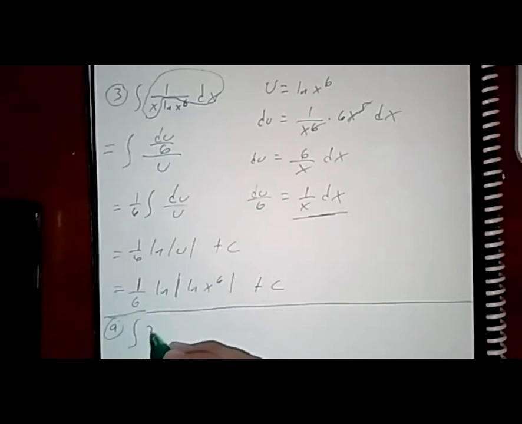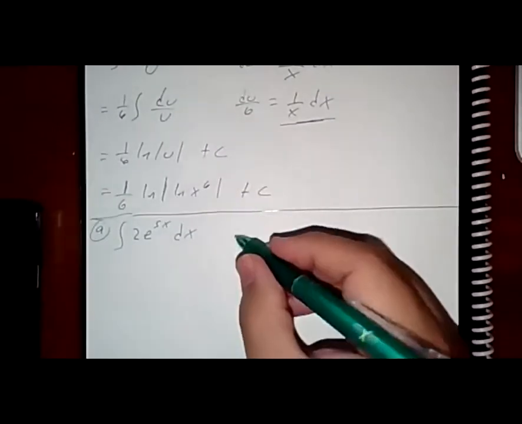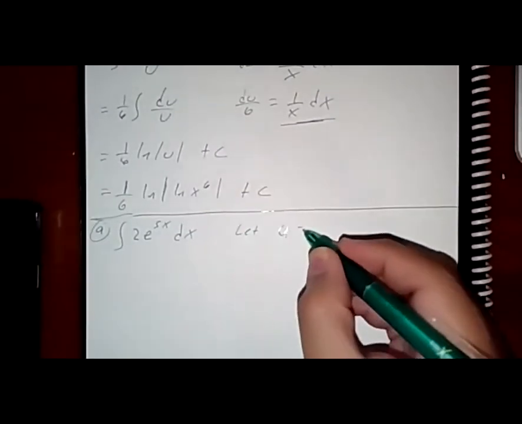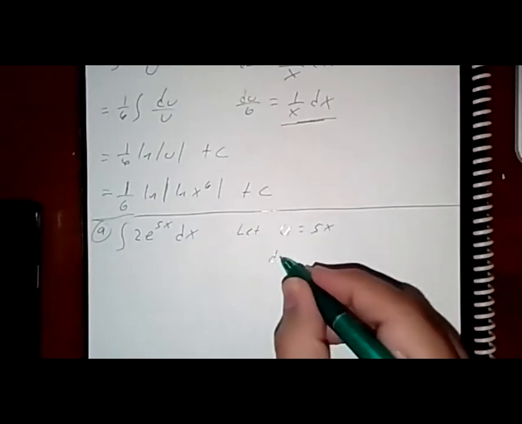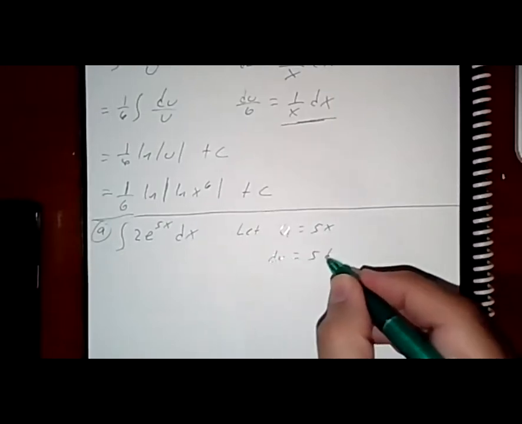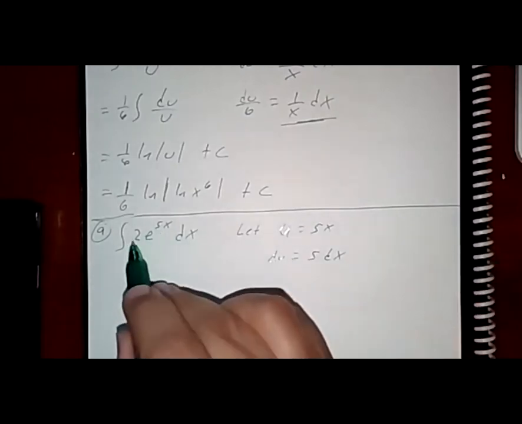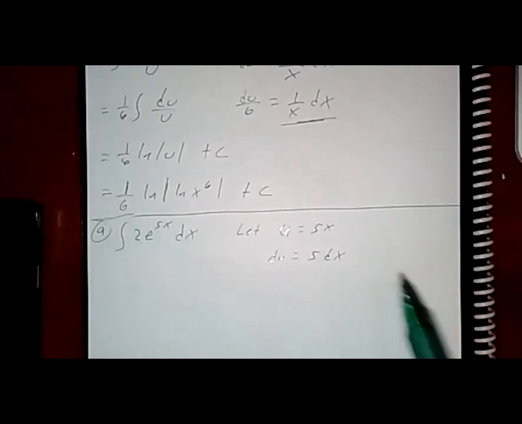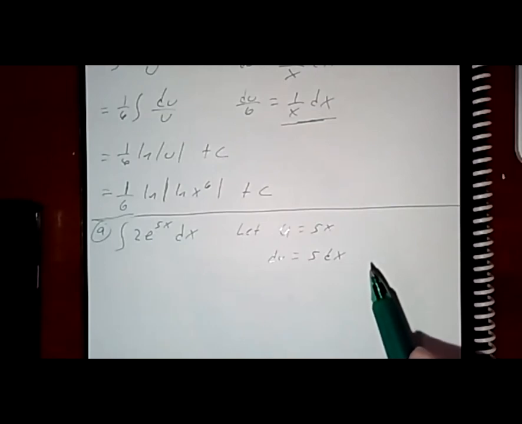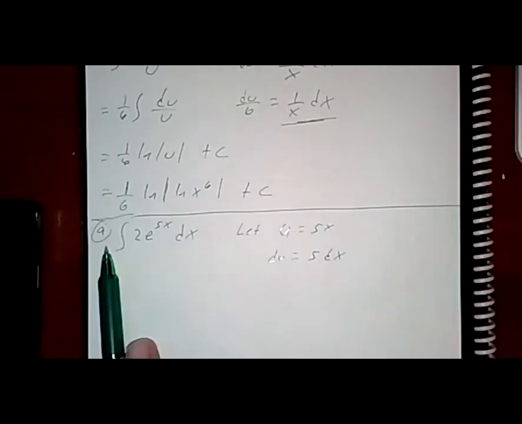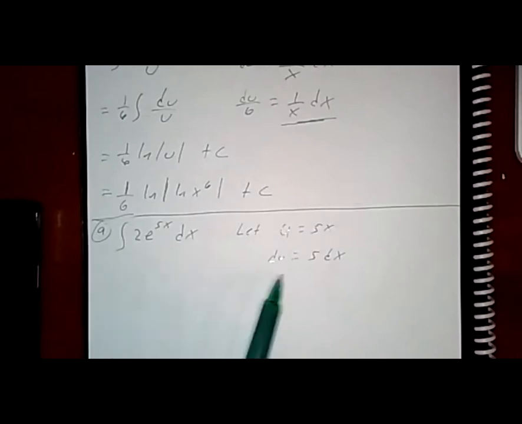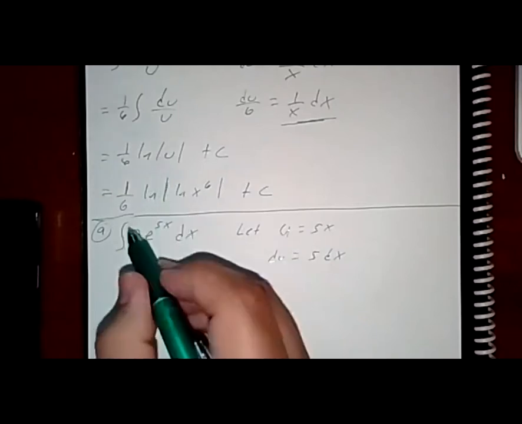The integral of 2 e to the 5x dx. So let u equal 5x, du equal 5 dx, right? There is no 5, we actually have a 2. So there are 2 ways you can think about this. You can pull out the 2 and just pretend it doesn't exist and get rid of the 5. Or we can try to make it look like 2 dx.